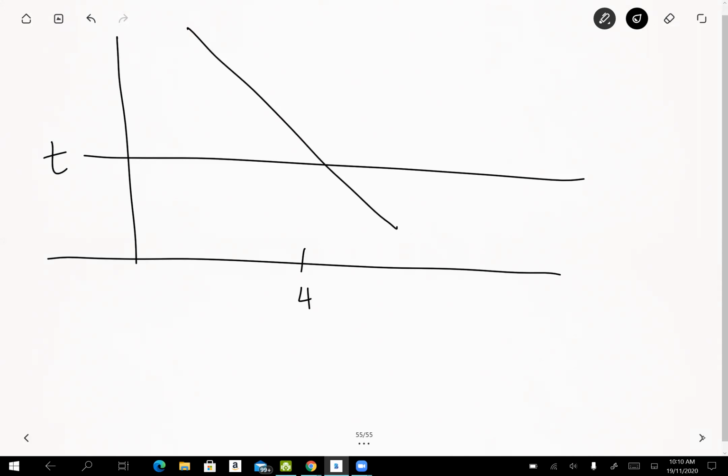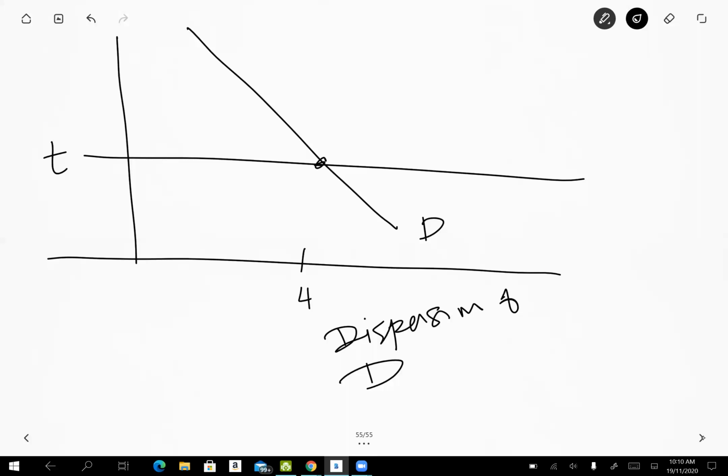So D gets it, and the others will not get their most preferred outcome. Right? Okay. Now, secondly, we look at the dispersion of the demand function. That means how far they are located from each other.